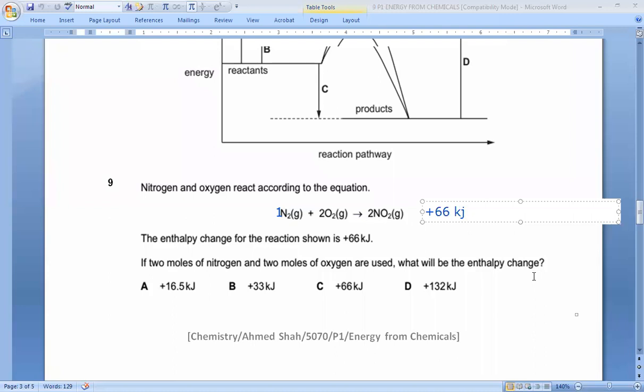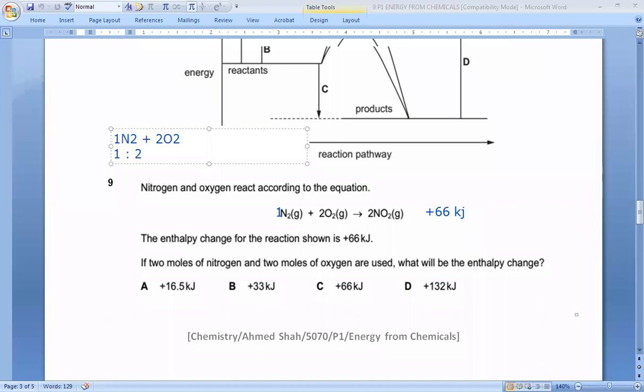How can we answer this question? Is it 66 kilojoules or 132 kilojoules? How can we calculate? The given relation says 1 mole of nitrogen is needed plus 2 moles of oxygen, so the ratio is 1 to 2.